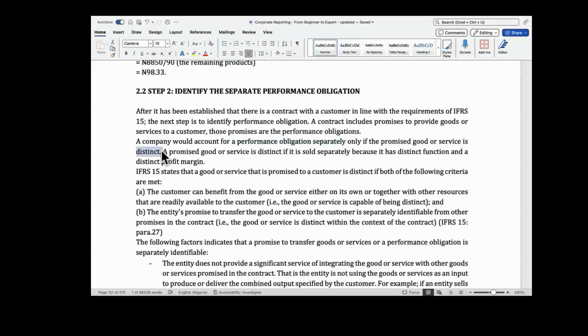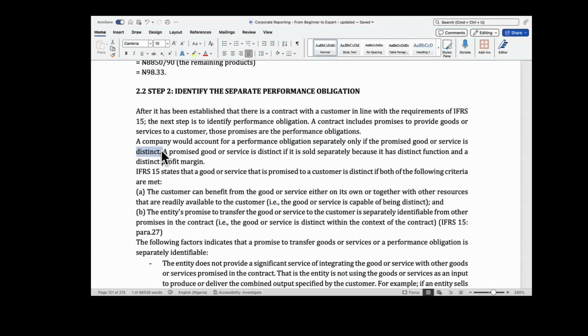Now we are back to distinct again. So this step 2 is just saying to identify the goods or services you are providing and ensure that you account for them separately if they are distinct.